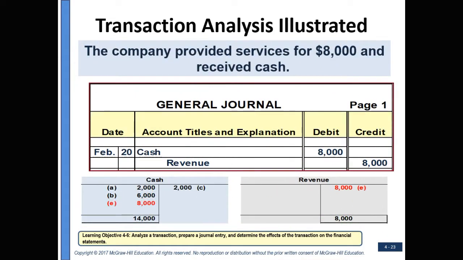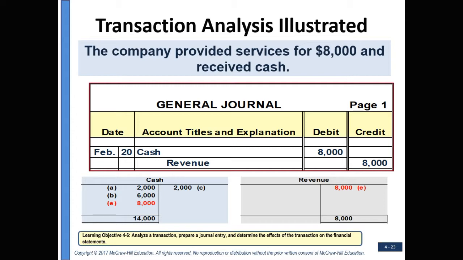Continuing forward, we are now at transaction E, where the company provided services to somebody and received $8,000 cash for those services. We start with the date in the date column. We then analyze to determine $8,000 in cash is an economic event, cash, an asset, increased.